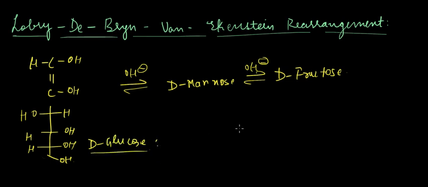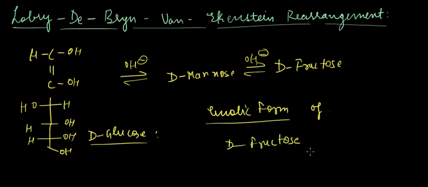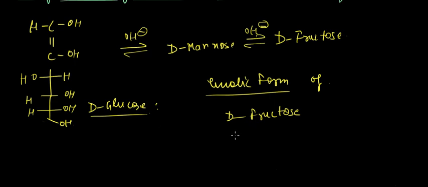Okay, so we can say that the enolic form of D-fructose, D-mannose and D-glucose is the same.